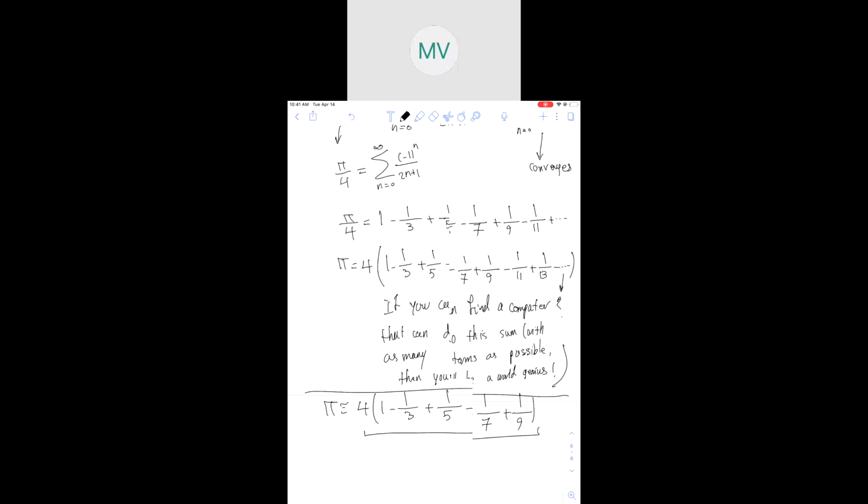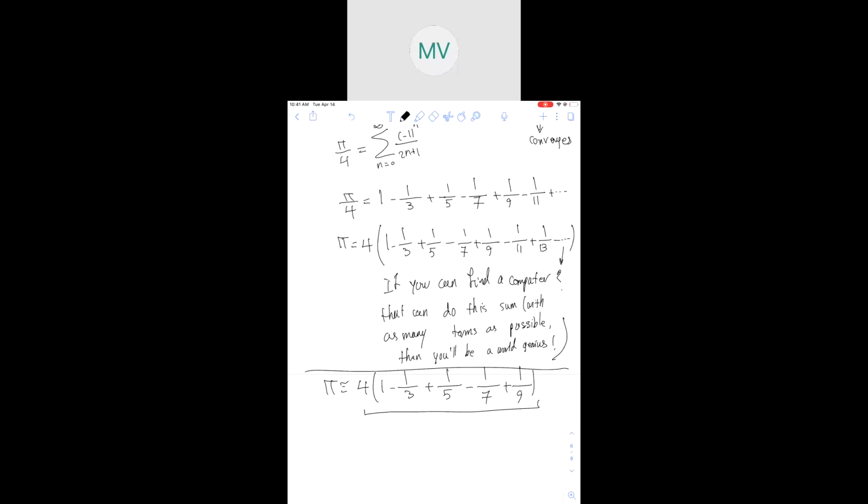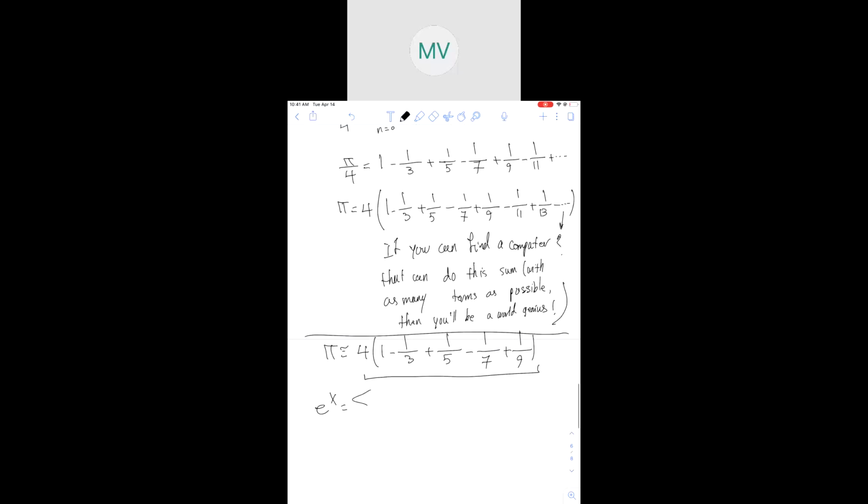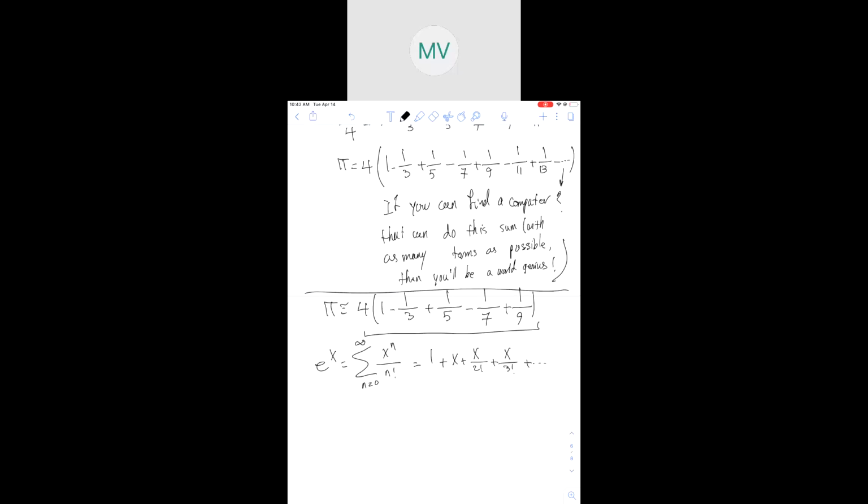And same thing for e, right? e to the x was summation of x to the n over n factorial, n from 0 to infinity, which is 1 plus x plus x squared over 2 factorial, x cubed over 3 factorial, and so on. Now, to approximate e, all you have to do is let x be 1.